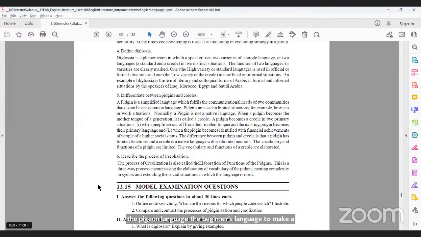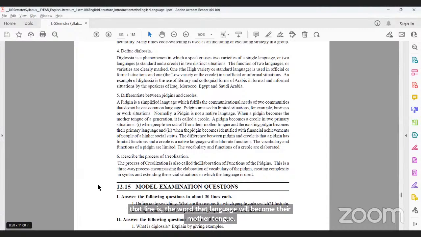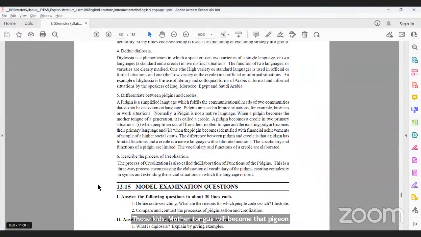So when the kids follow that language, that language becomes their mother tongue. Those kids' mother tongue will become that Pidgin language, and they will try to find a structure, a script, and a particular form of framing sentences. Only then is that language called a Creole.